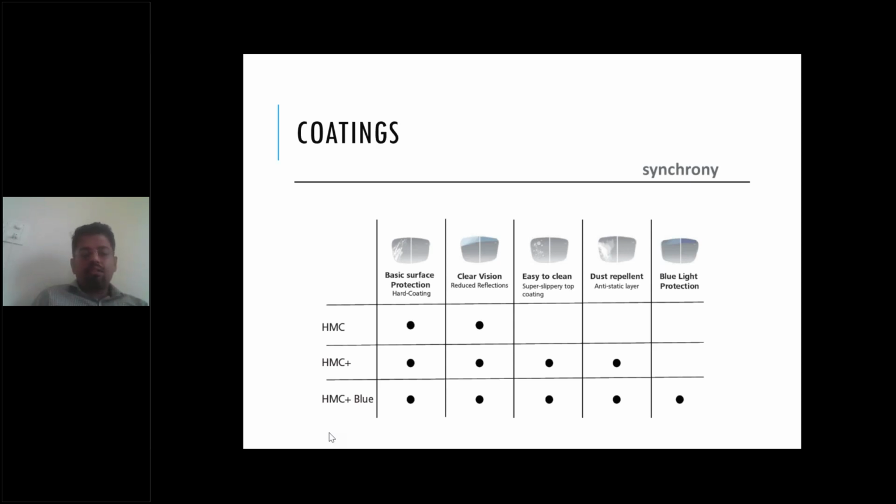For the lenses in the market which say they cut blue light, if they are branded lenses, they will give a description of from which nanometer they cut the blue rays.